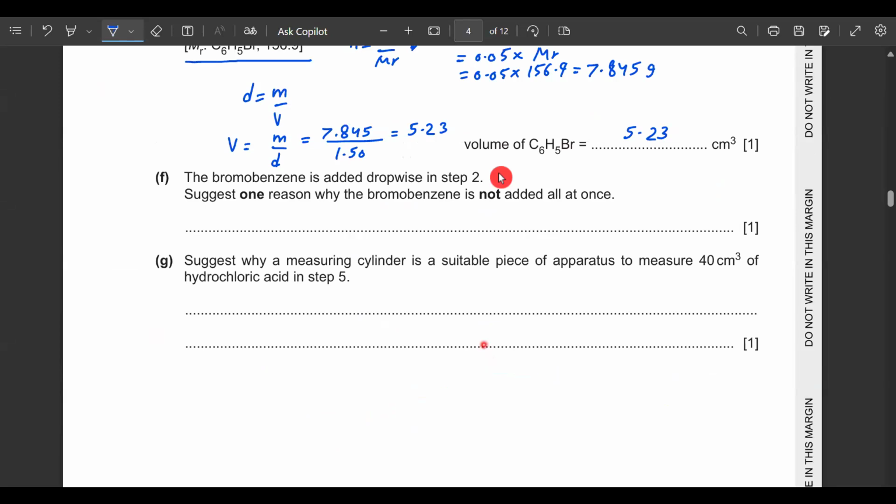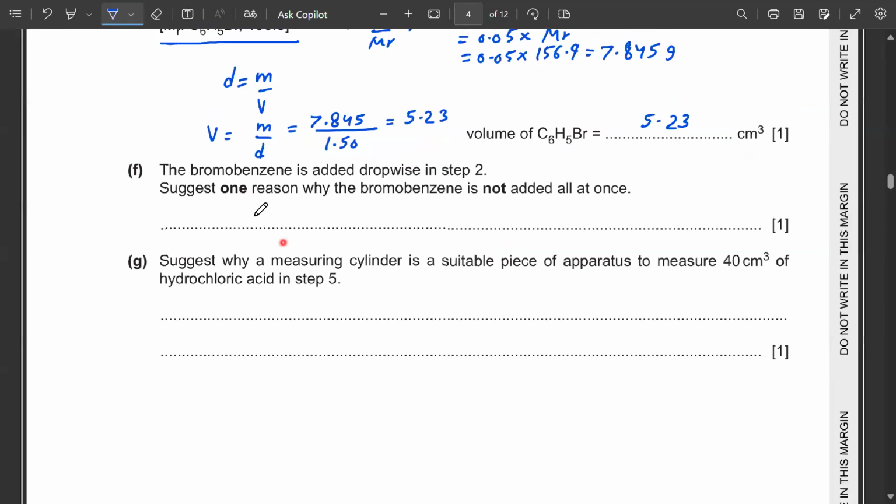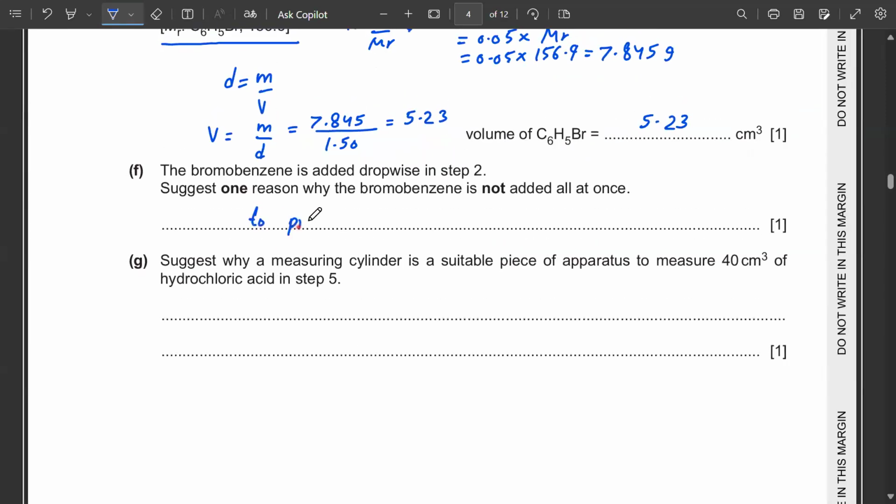It is a violent reaction. So we can write that to prevent the reaction from being very violent. To prevent the reaction becoming vigorous, or violent, that's fine.